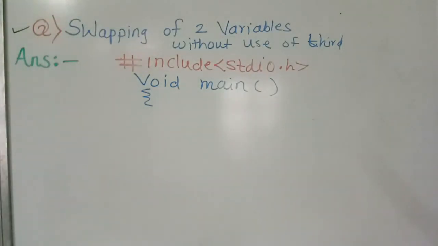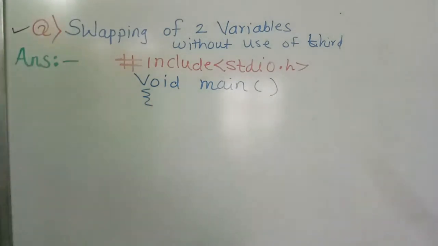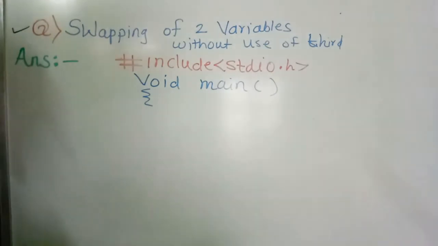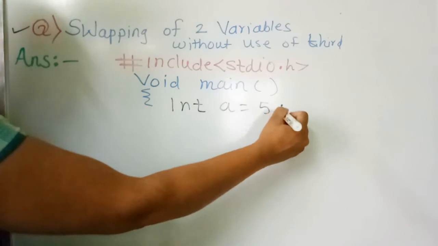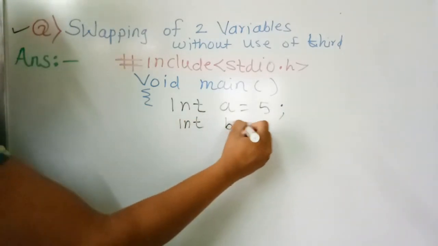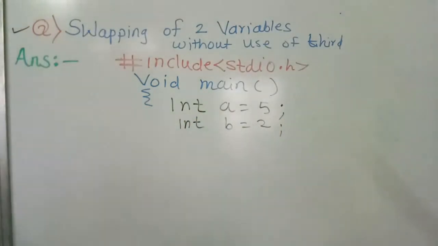Now, as we all know that for interchanging the two variables, we have to accept these two variables from the user or initialize them in our program by ourselves. So we will take one example, that is, we will initialize two variables, integer a equals to 5 and integer b equals to 2. These are the two values we have declared to interchange.